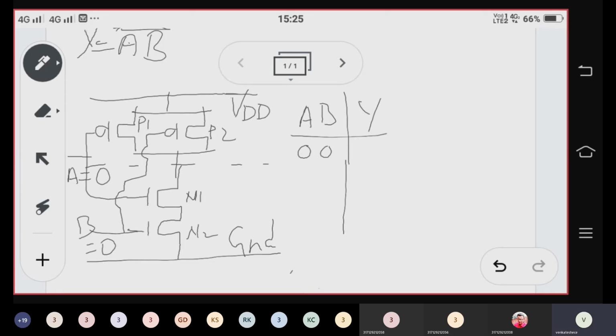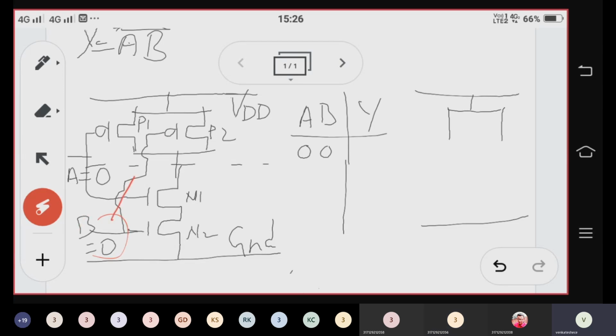Now I am giving A equal to 0 as well as B equal to 0. So, is P1 in on condition or off condition? A is 0, so 0 is connected to P1. On condition, sir. Yes, P2 is also in on condition, because B equal to 0 is applied to P2. So 0 is applied to P2 and 0 is applied to P1.